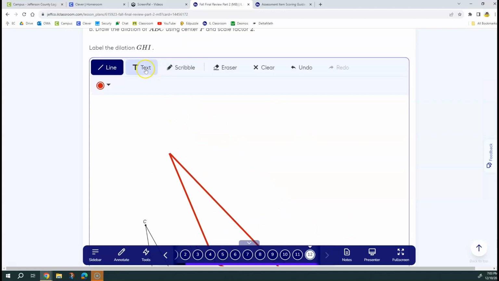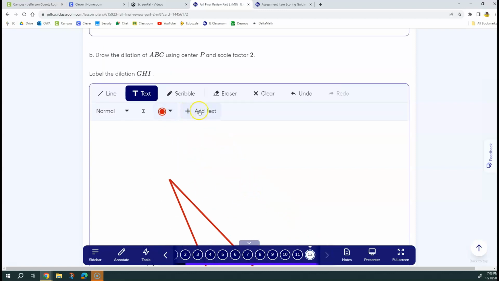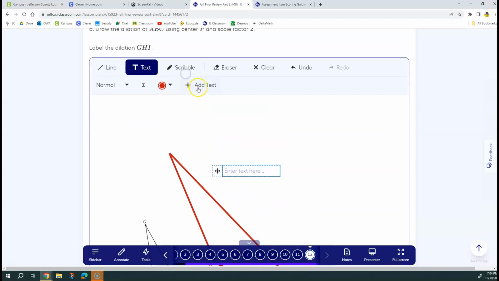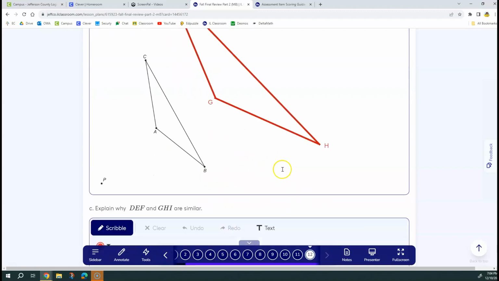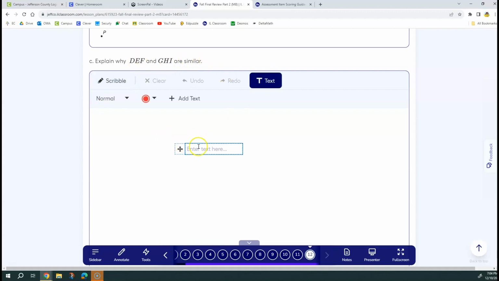And then labeling G, H, I, going in the same order as ABC. H. I. Go. Yay. And explain why DEF and GHI are similar.